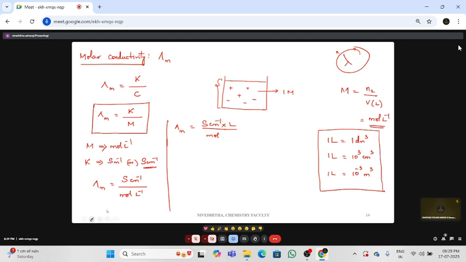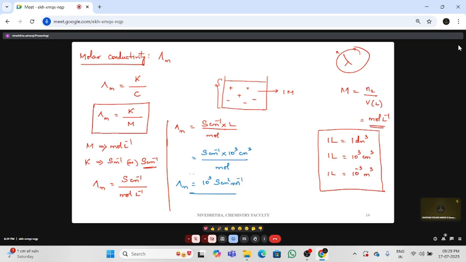Here, since we have centimeter inverse, I'm going to write liter in terms of centimeter. So what is 1 liter in terms of centimeter cube? 1000, very good. So it is 10 power 3 centimeter cube divided by mole. It is 1000 or 10 power 3, both are right. So centimeter inverse and centimeter cube will get cancelled partly, so the unit will be 10 power 3 Siemens centimeter square per mole.